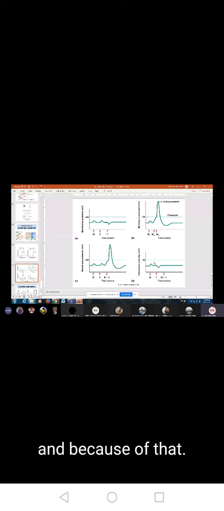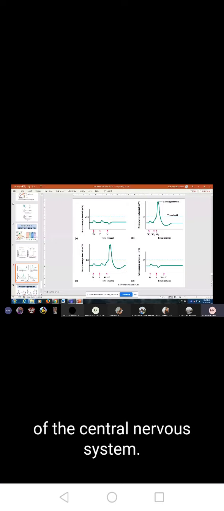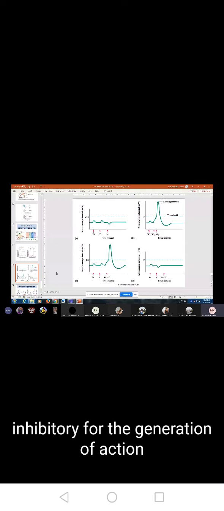And because of that, we have some neurotransmitters in the central nervous system which activate chloride channels. They are characterized as inhibitory, inhibitory for the generation of action potential.